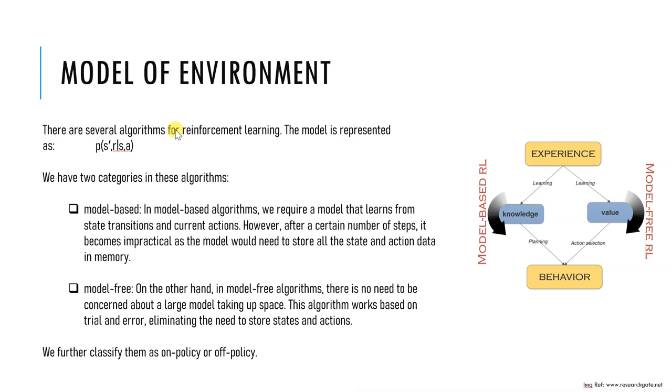Instead the agent learns from experience by trial and error. Remember we have talked about this in previous videos also. The agent uses this experience to make decisions about what action to take in order to maximize the expected reward.